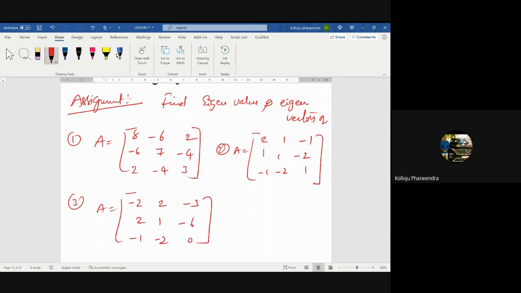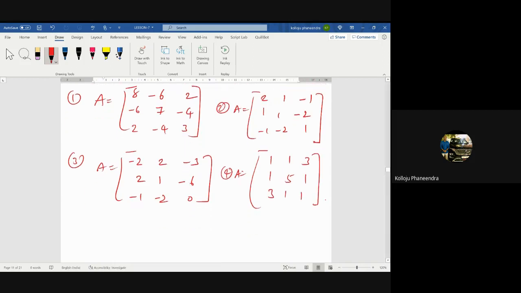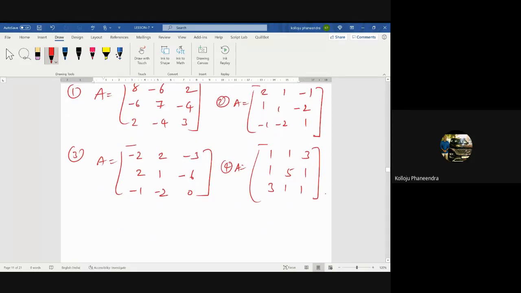Next one, the fourth one, A equal to 1 1 3, 1 5 1, 3 1 1. These are the exam assignment problems for eigenvalues and eigenvectors.